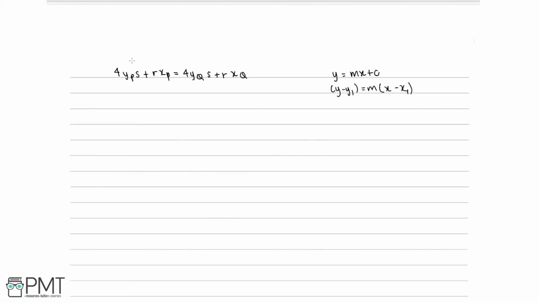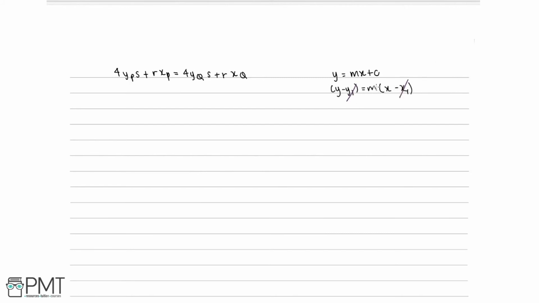Now from this equation, we need to somehow obtain our values of y1, m, and x1. Well, it should be easy to find y1 and x1 because y1 and x1 can be either the point P or the point Q. So y1 could be yp, x1 could be xp, or y1 could be yq, and x1 could be xq. So we don't actually need y1 and x1.